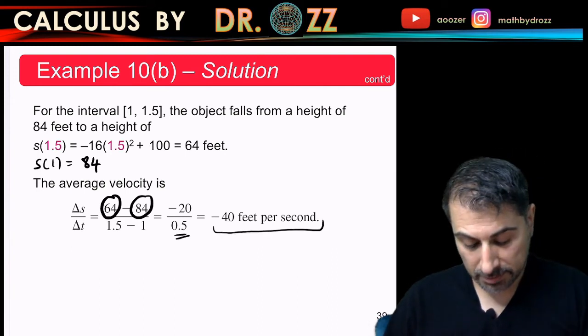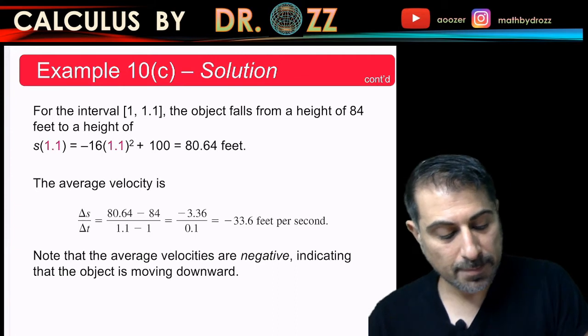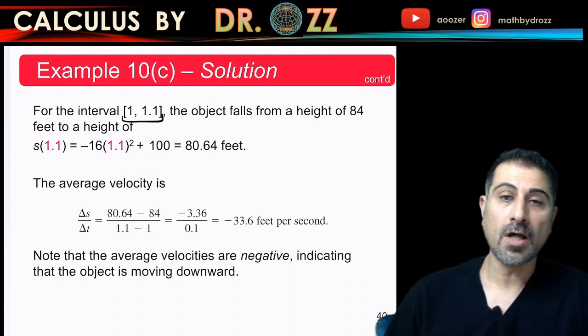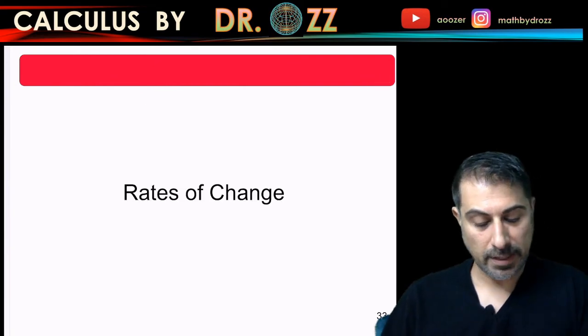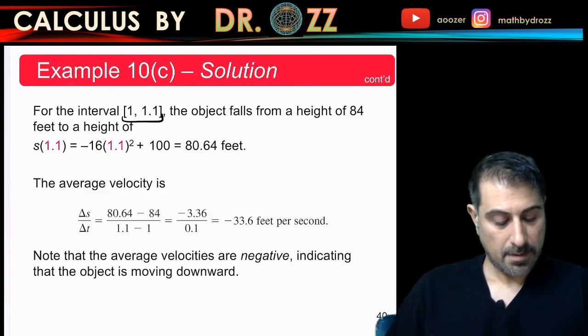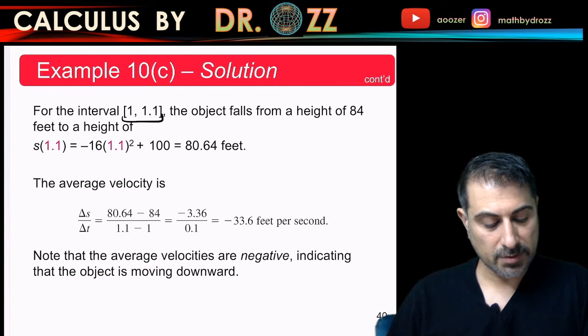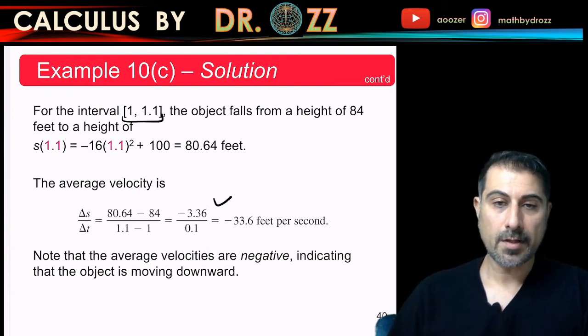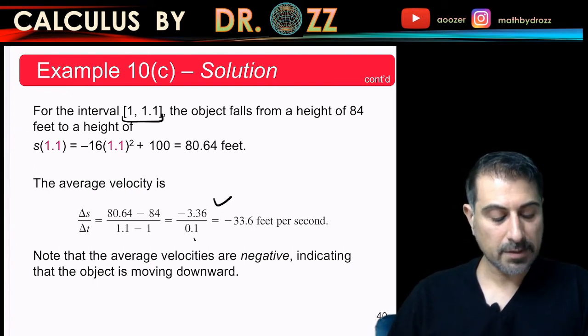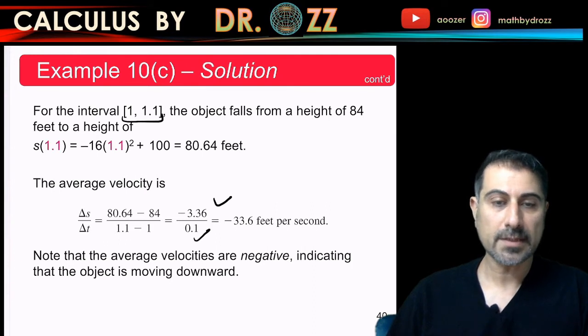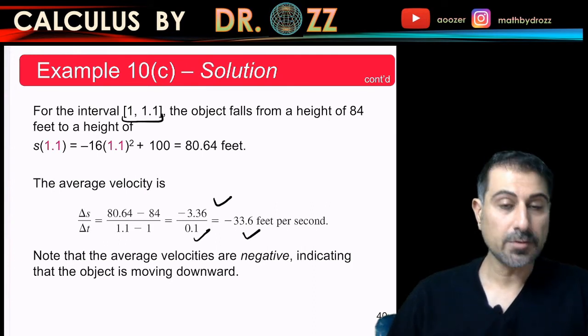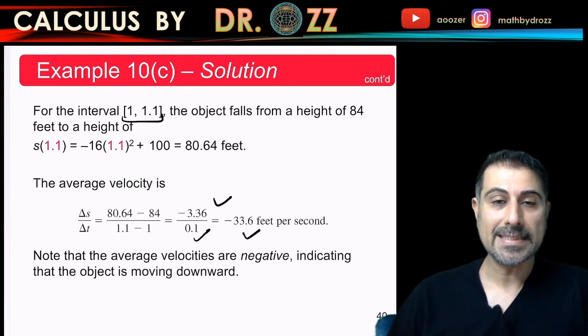Let's replicate the same method for the time interval 1 and 1.1. The average velocity is the total distance traveled, negative 3.36, divided by the time elapsed, which is 0.1 second. That takes you to negative 33.6 feet per second.